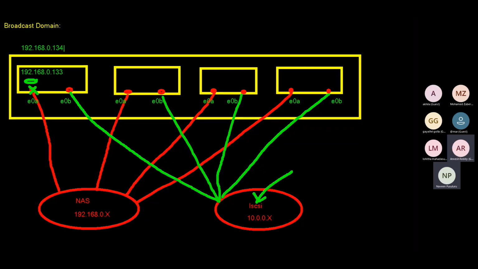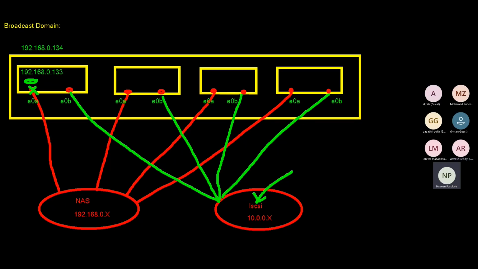But can I configure another LIF with a different network IP? No, that cannot be done because that belongs to a different network. You cannot configure multiple LIFs with different IP networks on the same interface.